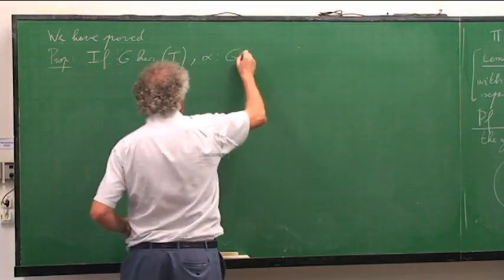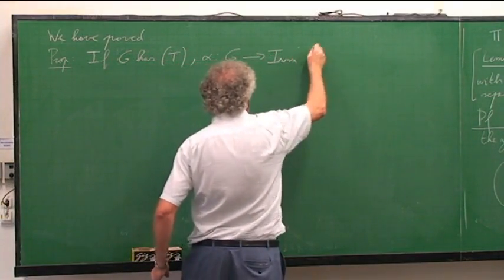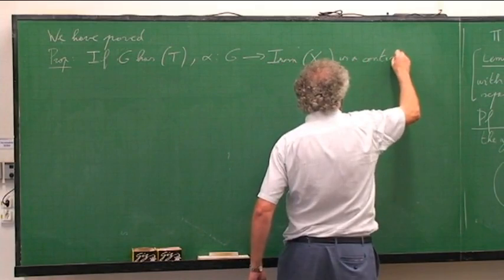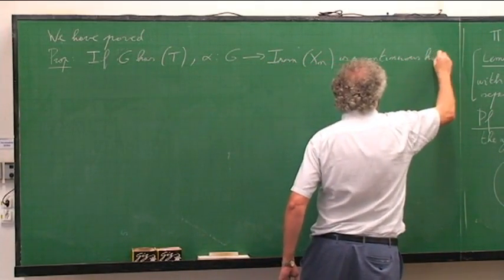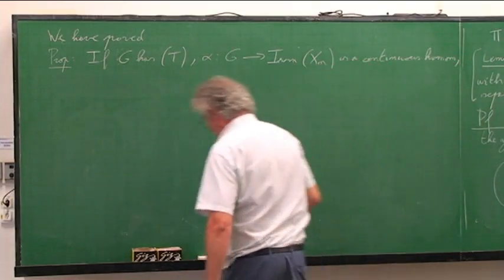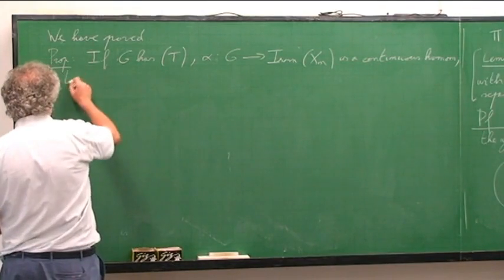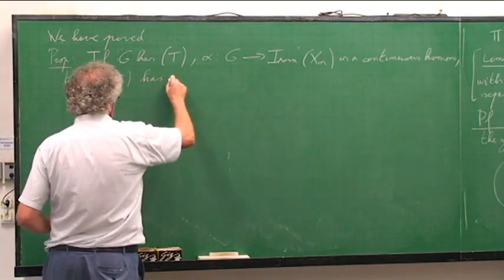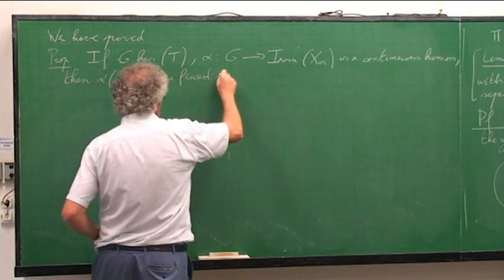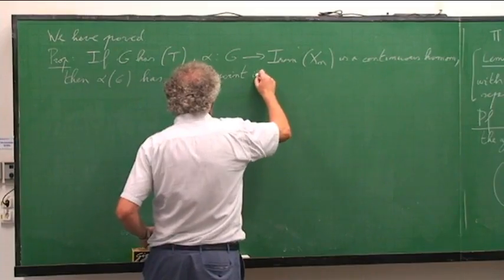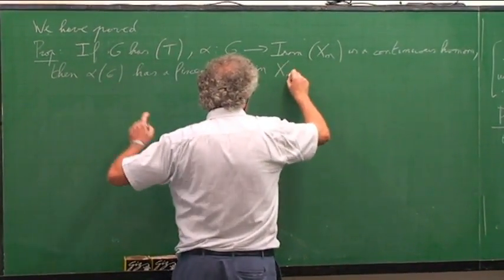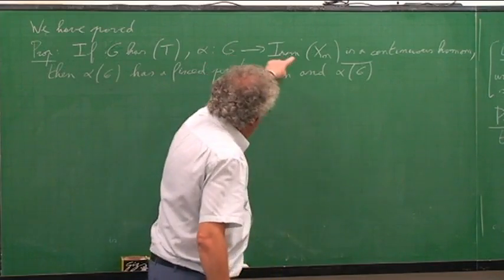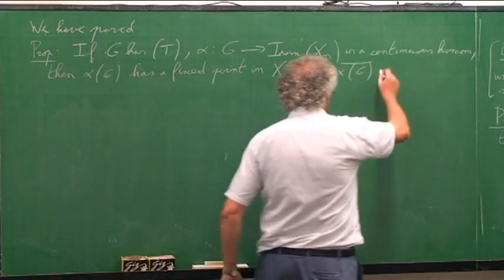So if alpha from G to the isometry group of Xn is a continuous homomorphism, then alpha of G has a fixed point in Xn, and the closure in this group of isometries is compact.